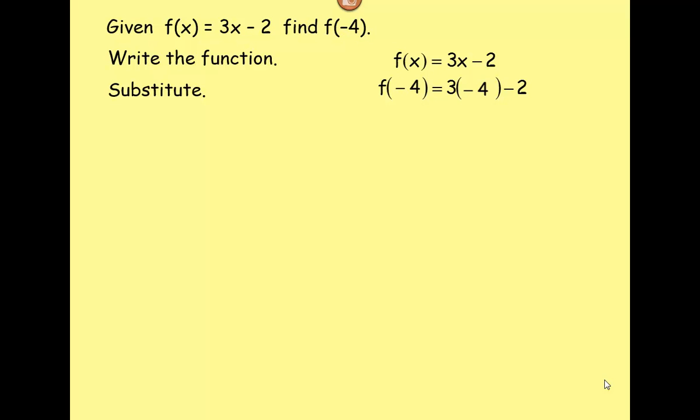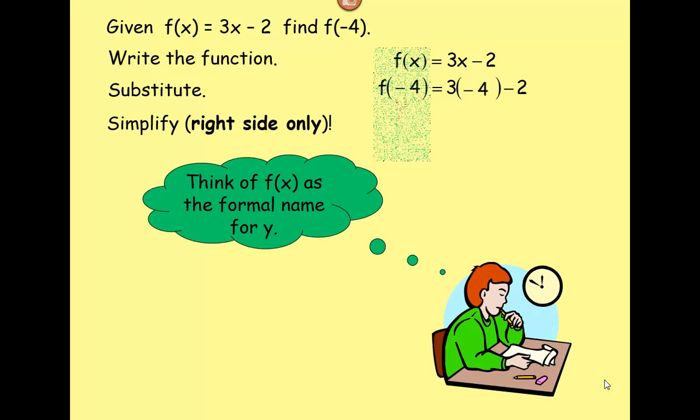Now, what we said was the left-hand side is now simplified. Remember, function notation is not multiplication. So, go ahead and forget about the left-hand side. Think of it as being just y. That's all f of negative 4 really is. Now go ahead and work out your right-hand side. Simplify it.